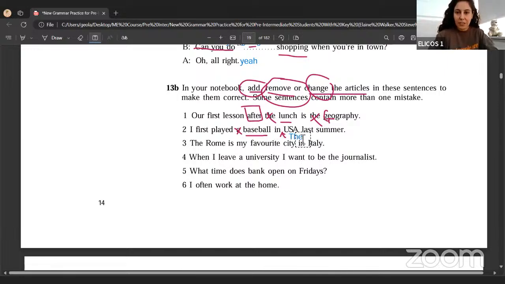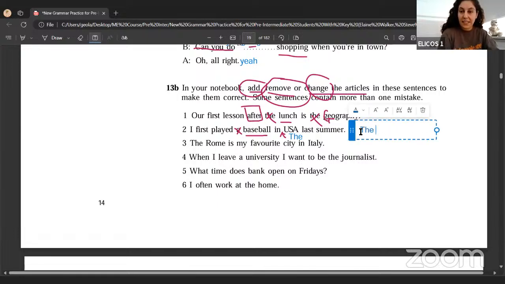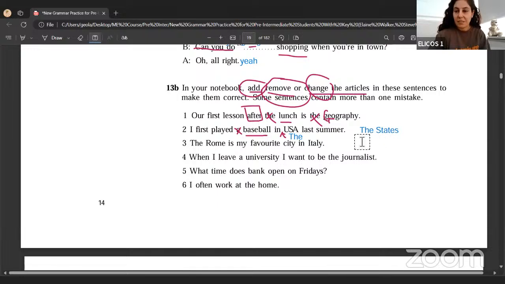Or, it's more common, people say the States, the United States. So I first played baseball in the States last summer, or in the USA last summer, or in the United States of America, but that's just too long. Just the States is more common. That's how Americans would speak.